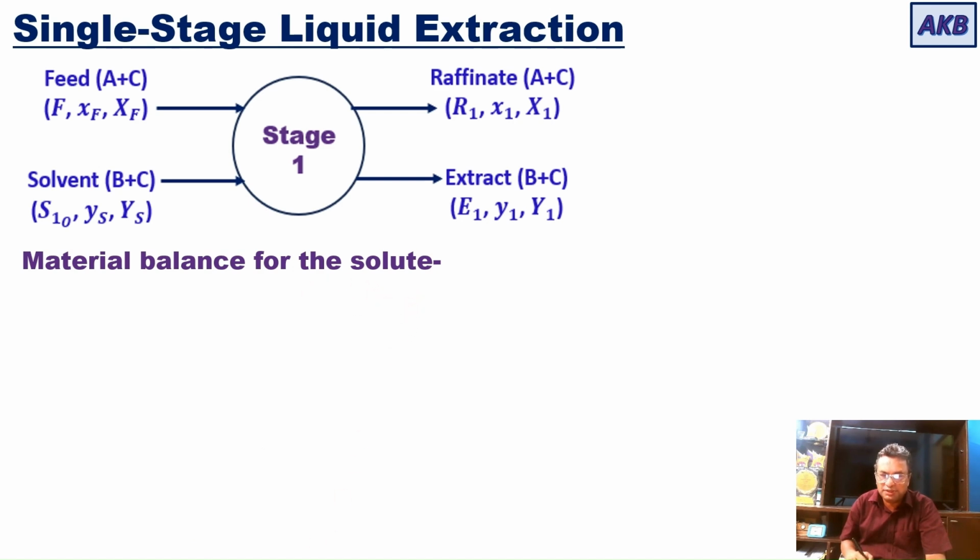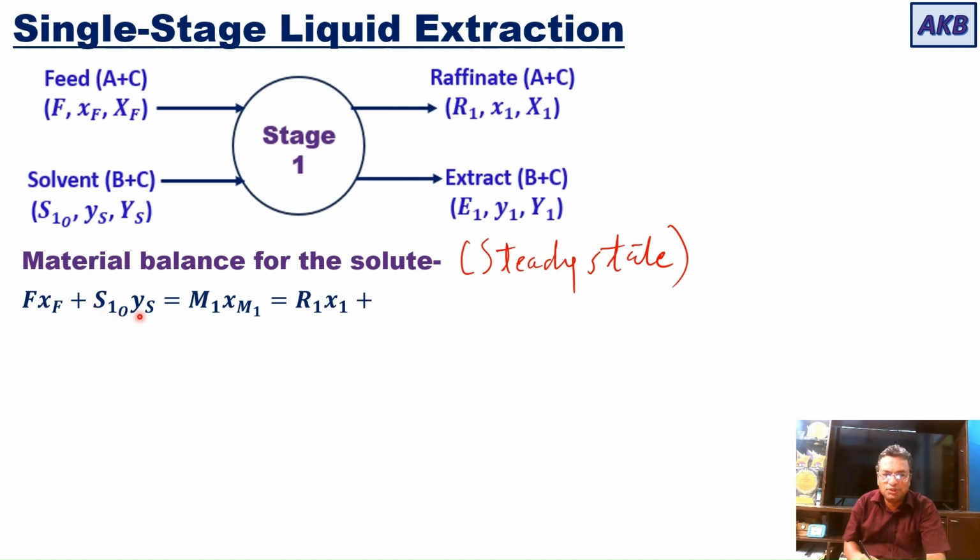Okay, so after writing the total material balance, now let us write down the material balance for solute C, at steady state. It will be written as F into XF plus S10 into YS, that is, feed into weight fraction of the solute plus solvent into weight fraction of the solute, that is equal to mixture into weight fraction of the solute in the mixture, that is equal to raffinate into weight fraction of solute in raffinate, plus extract into weight fraction of the solute in the extract.